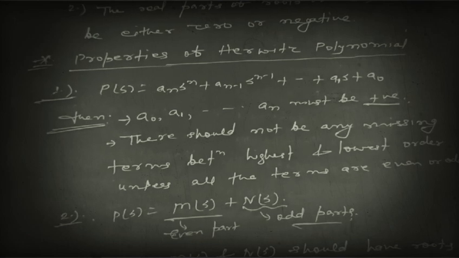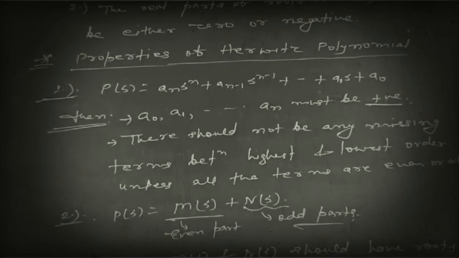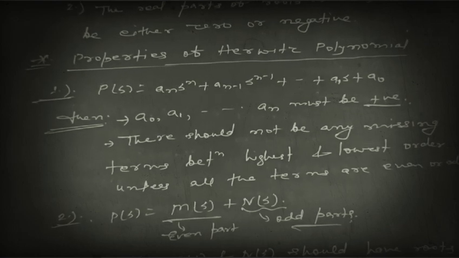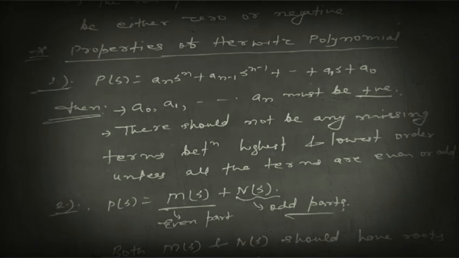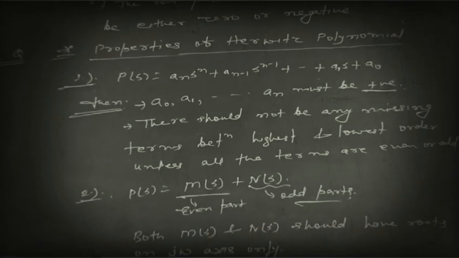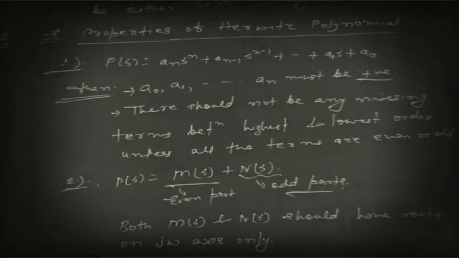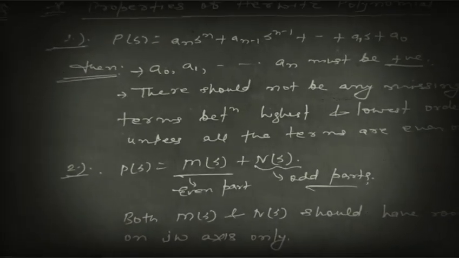It is not necessary that it should have odd terms. Or even if all the terms are odd, then still it is okay. But in the case where odd and even terms are both present, there should not be any missing term between the highest and lowest degree.